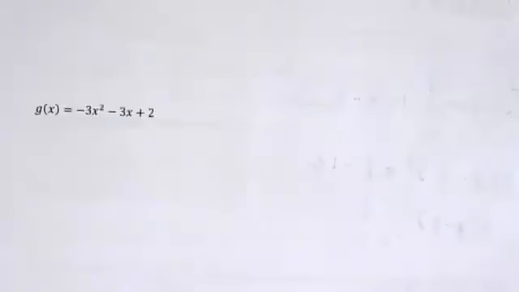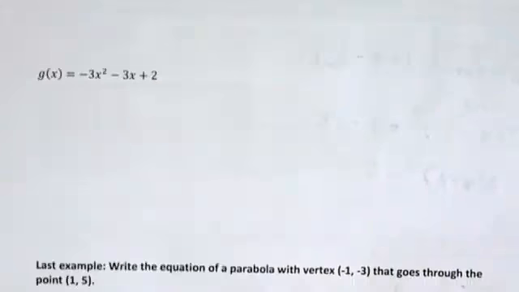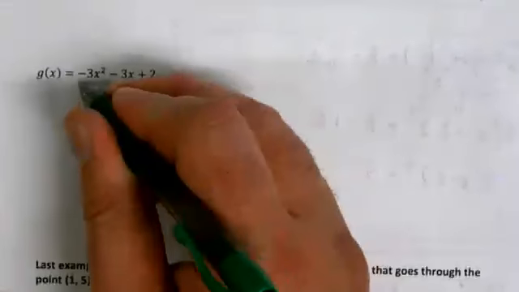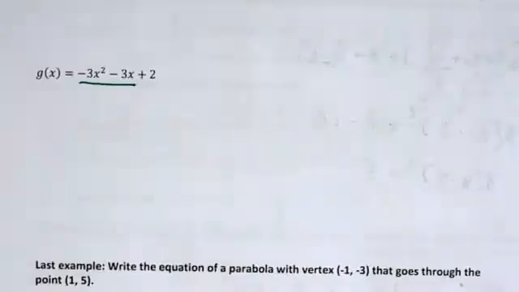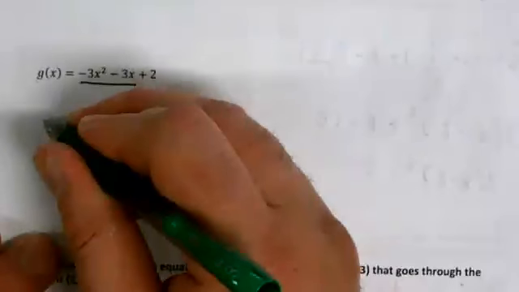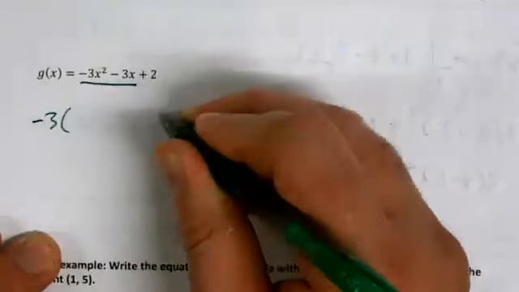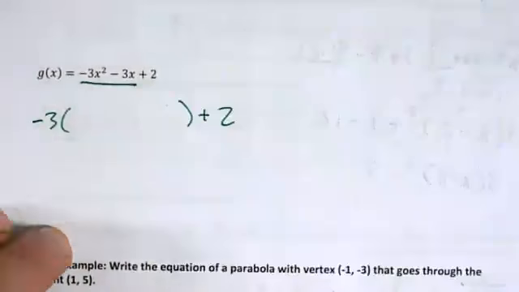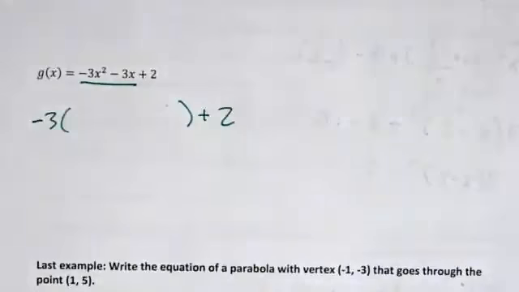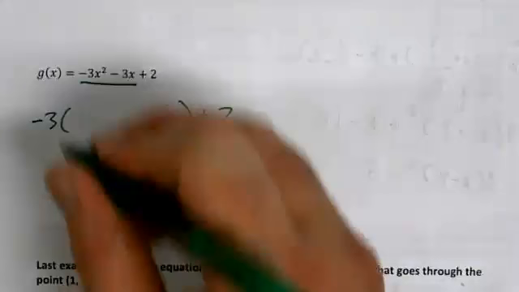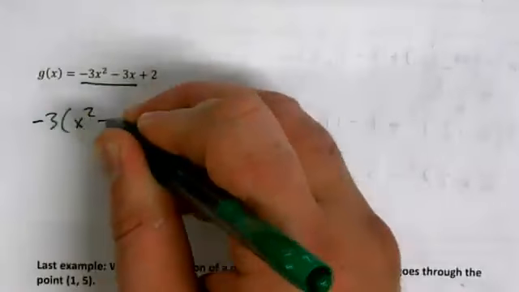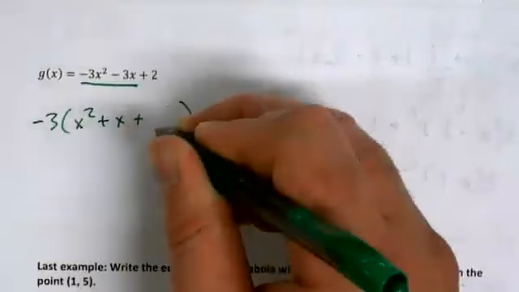So here we go. G of x equals, now it does say using completing the square, so we do need to do completing the square. We're not going to go with that opposite b over 2a thing. So let's practice here. Completing the square, I see a coefficient that I'm going to want to factor out. That coefficient is negative 3. I'll go ahead and leave my plus 2 out here. What I have left, x squared plus x plus something.